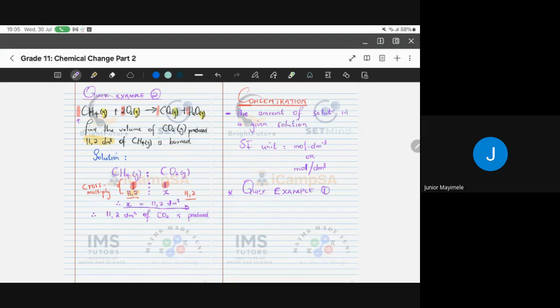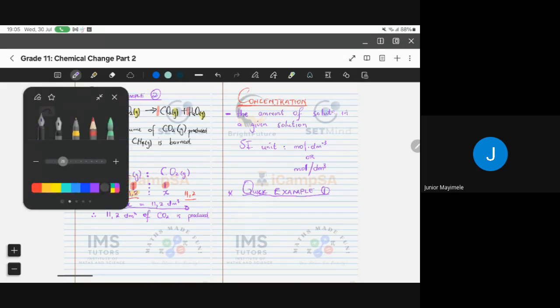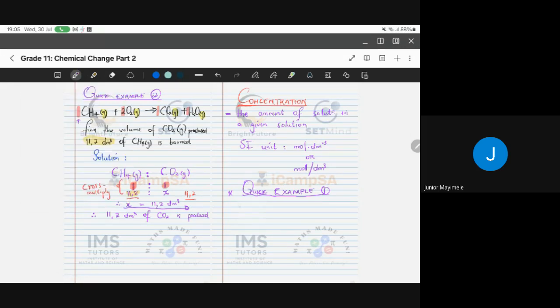Quick example 1. Let's say you are given 0.8 moles of sodium chloride, and they dissolve it in, let me write it for you, 0.8 mole of sodium chloride.